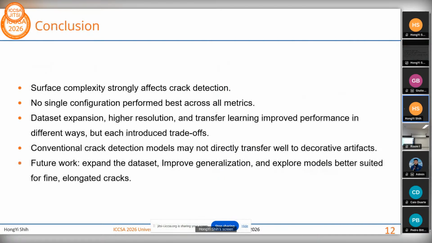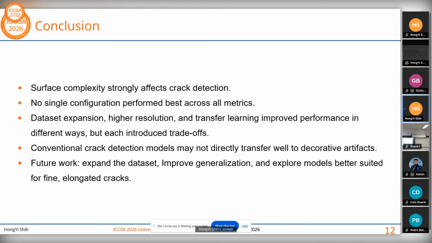So in conclusion, this study provides a systematic evaluation of how different preprocessing strategies and model configurations affect crack detection on decorative cultural heritage artifacts. The results show that detection performance is condition dependent.